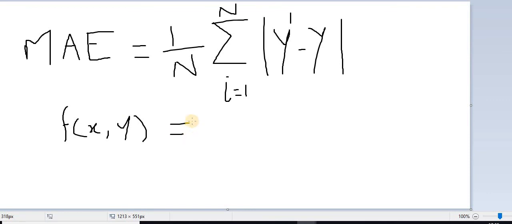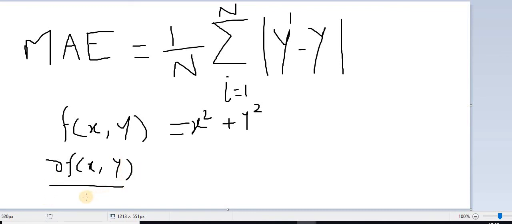The function depends on two variables: x square plus y square. This function can be differentiated with respect to x, that is, dou of f of x, y with respect to x.